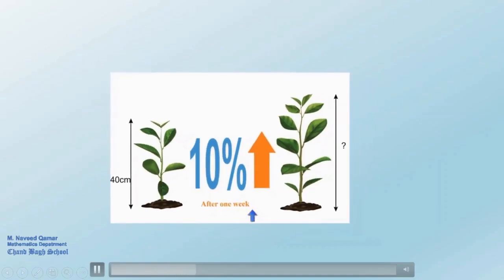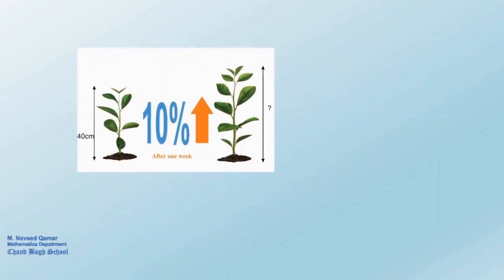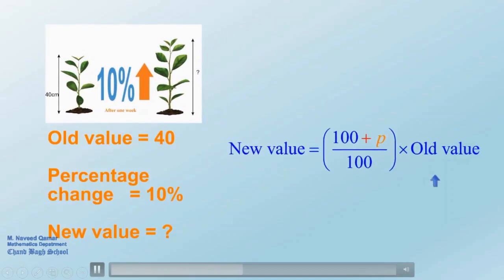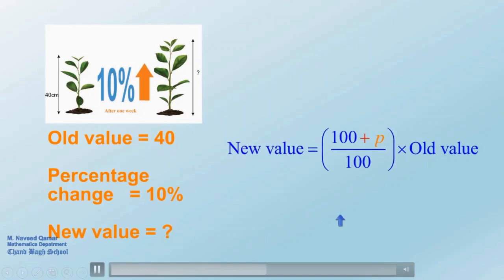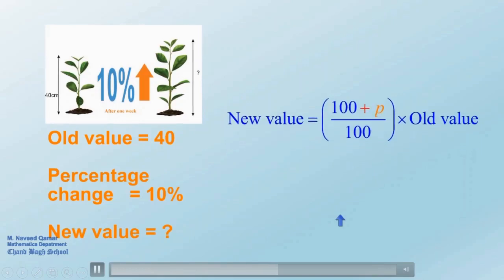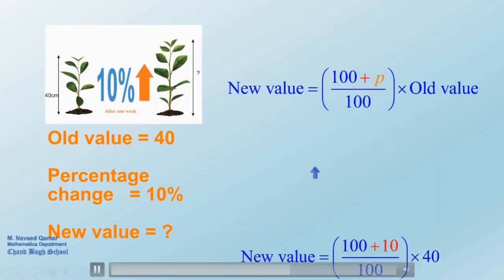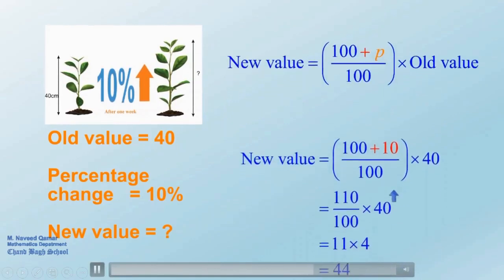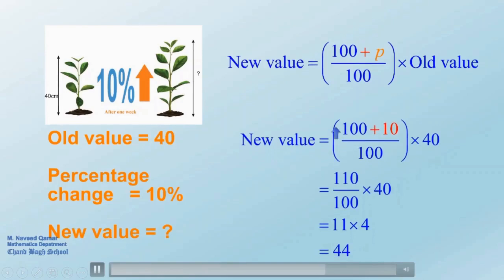The height after 1 week is the new value and we have to find this value. To find the new value, we have a formula, that is new value is equal to 100 plus P over 100 into old value. When we put these values in the formula, we have new value is equal to 100 plus 10 over 100 into 40. 100 plus 10 is equal to 110 over 100 into 40.